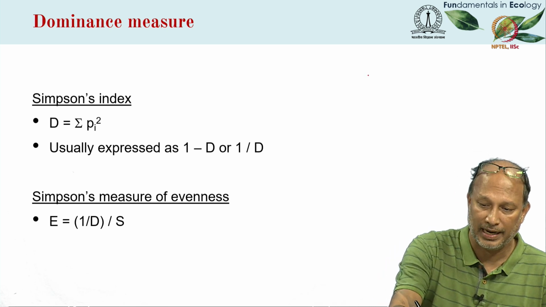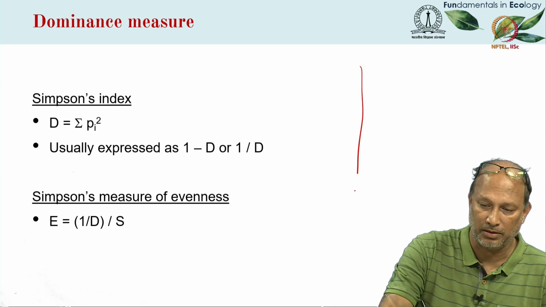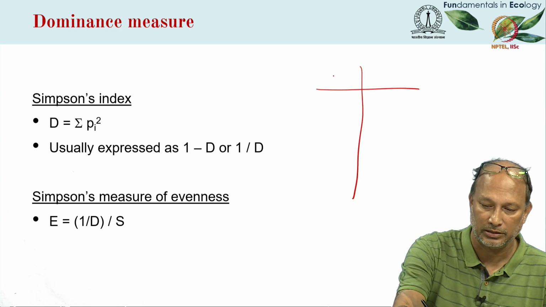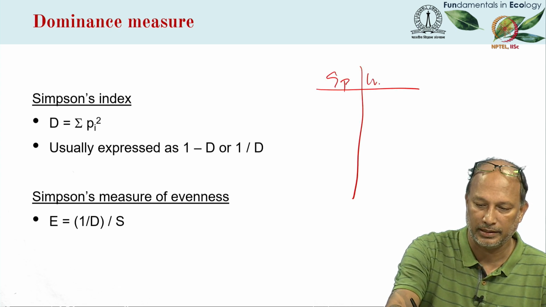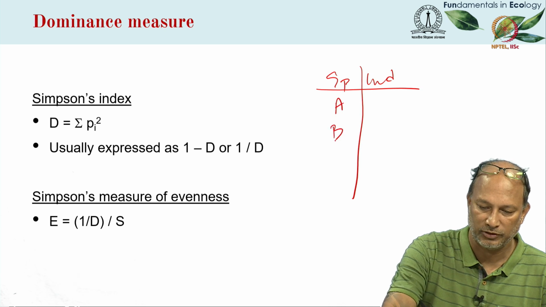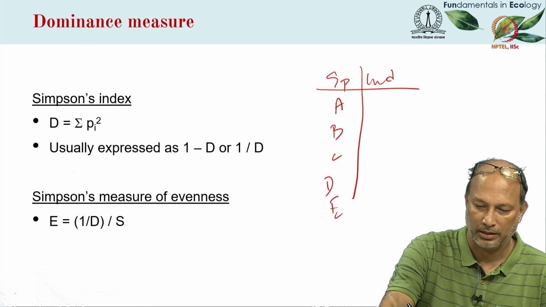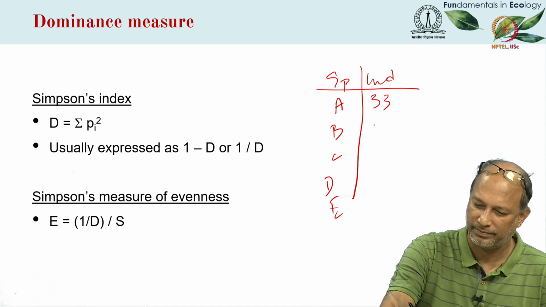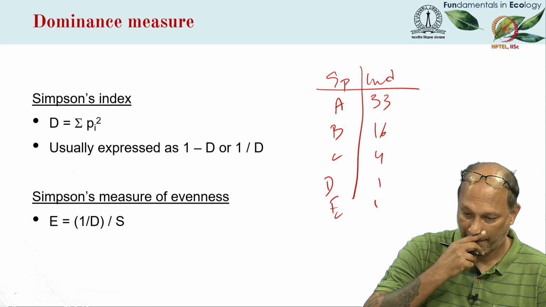What this means is that if you have again a similar distribution such as this, species and individuals, you have the same 5 species. Let's take the same numbers, 33, 16, 4, 1, 1.